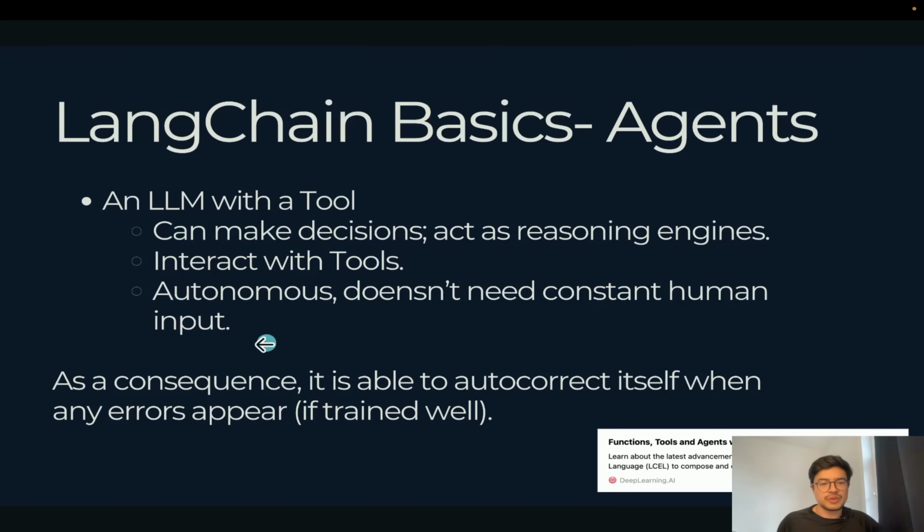And as a consequence of that, some agents are able to autocorrect themselves if any errors appear, right? Inside the agents term, there are different types of agents. We'll see that on n8n because I prepared a little demo that we can go through. And over here, you will be able to understand what types of agents there are.